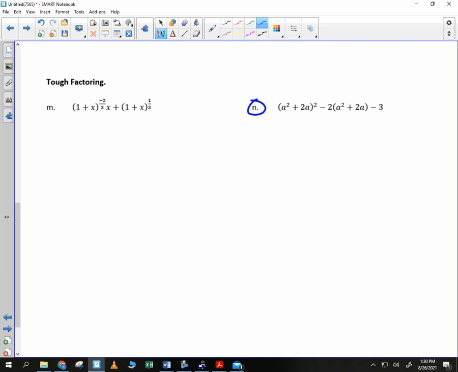I think that looks too difficult. I'm going to make an easier problem. Watch. u squared minus 2u minus 3. Look at it and see if you can tell why these two are very similar.